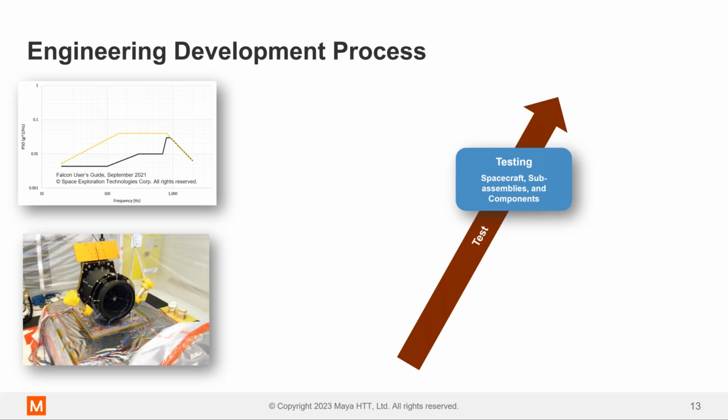You're checking to make sure this part that you designed and analyzed actually passes. Are you seeing exceedances, like acceleration responses poking through that profile? You can also test for lengths of time to make sure that your part will survive the environment that you expect it to see.